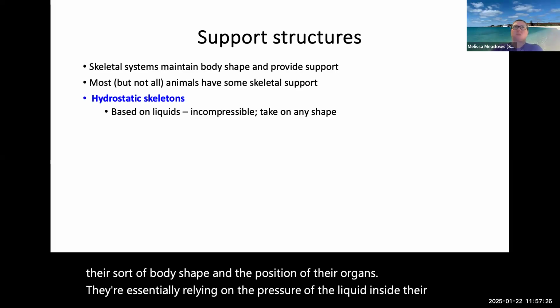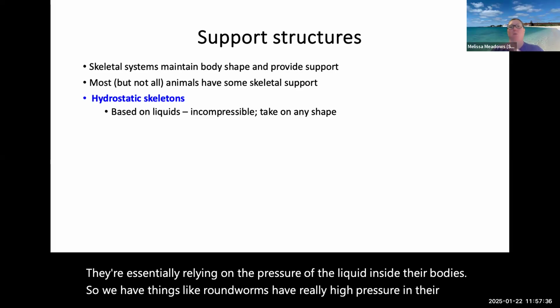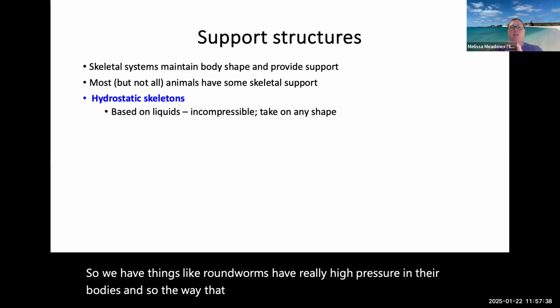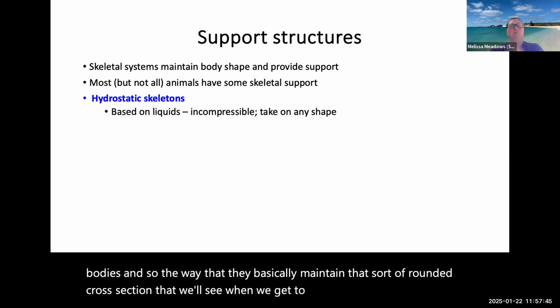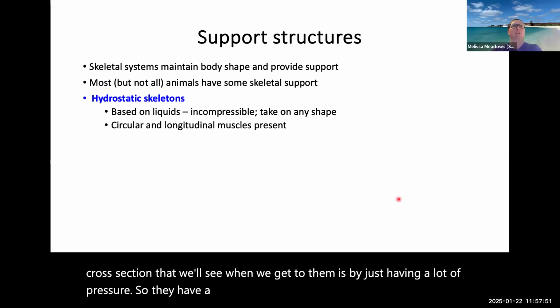So we have things like roundworms that have really high pressure in their bodies. And so the way that they basically maintain that rounded cross section that we'll see when we get to them is by just having a lot of pressure. So they have a hydrostatic skeleton.